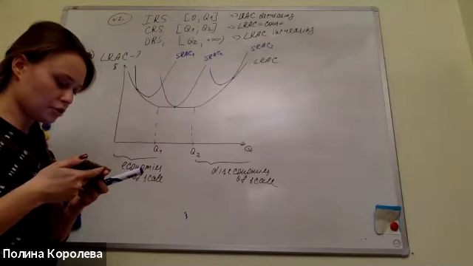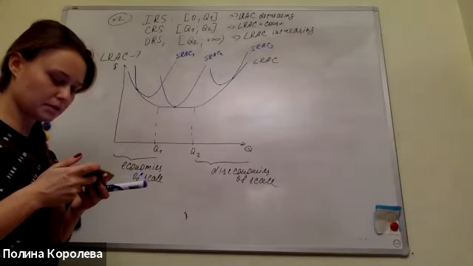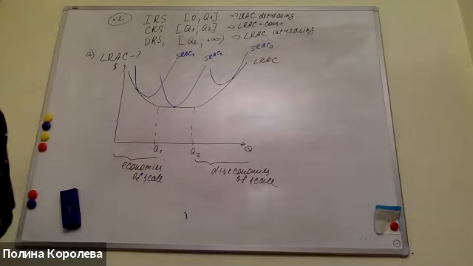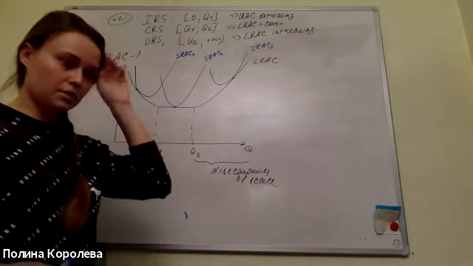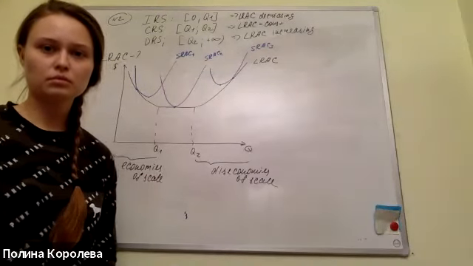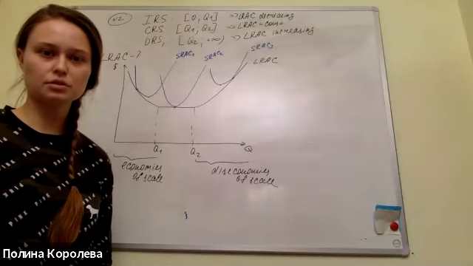For each short-run average cost curve you add to your graph from A, add the respective short-run marginal costs. What do we know about the connection between average costs and marginal costs? One more time: they intersect each other at the minimum. In the minimum, yes. Okay, so that's it.